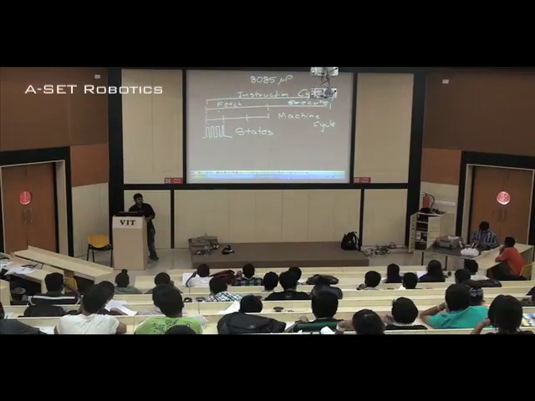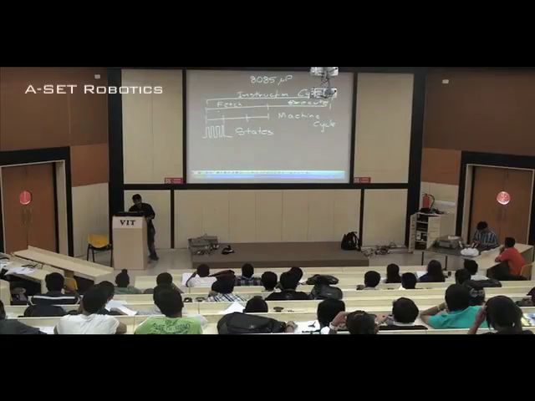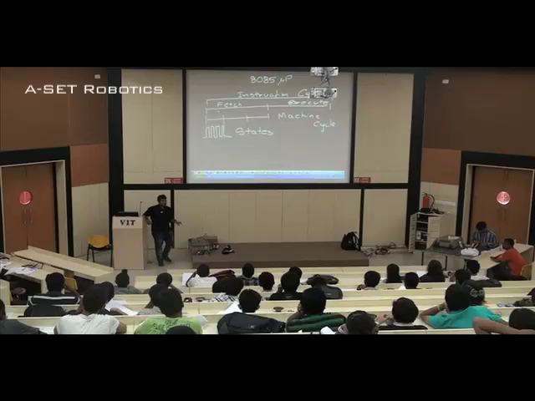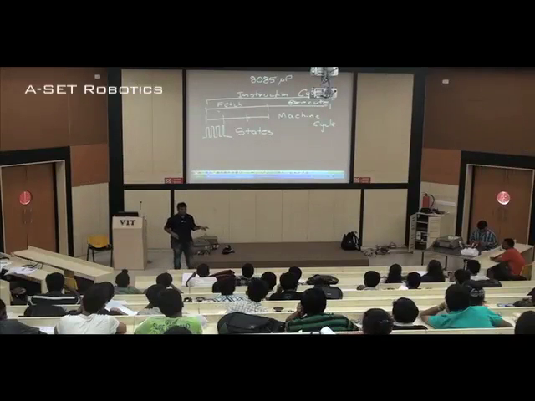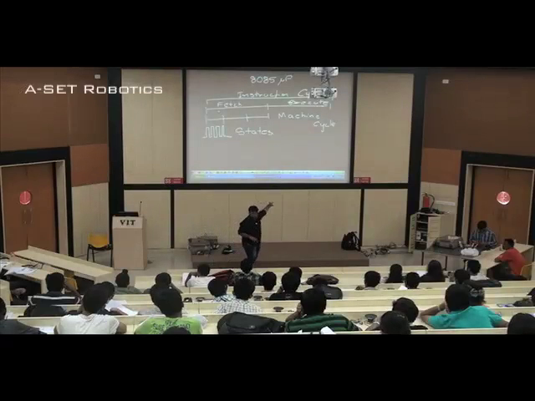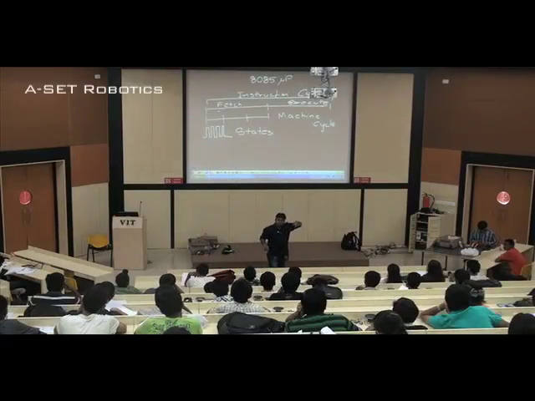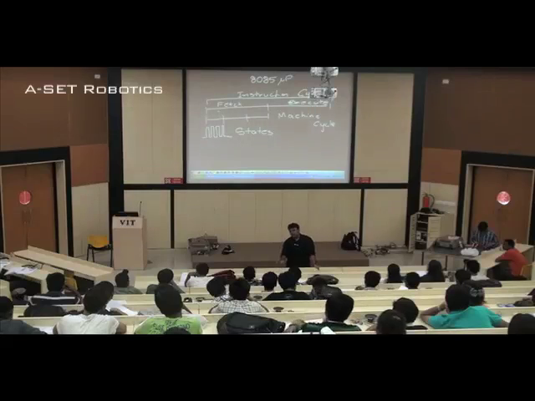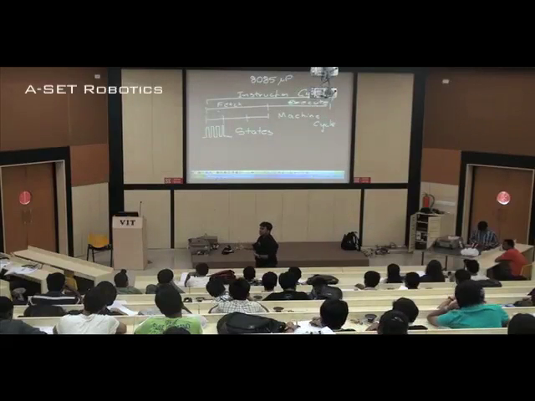Now, I should not say decode the data in fetch, because fetch does not allow decoding. That would be in execute. So the data has been given. There can be two machine cycles in fetch mode, or 5, or 10, or 15, or 20, depending on the type of system and how the architecture has been made to work.